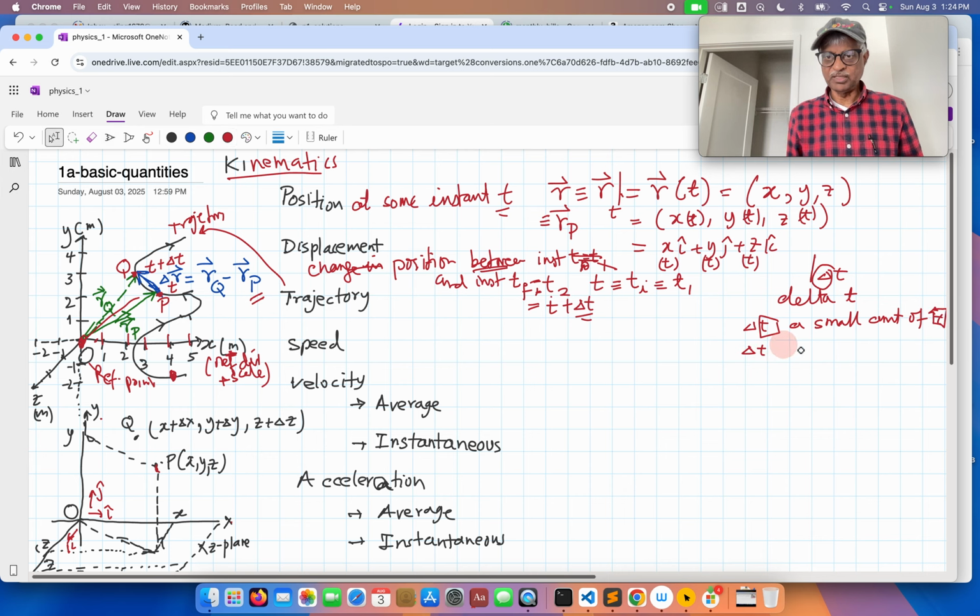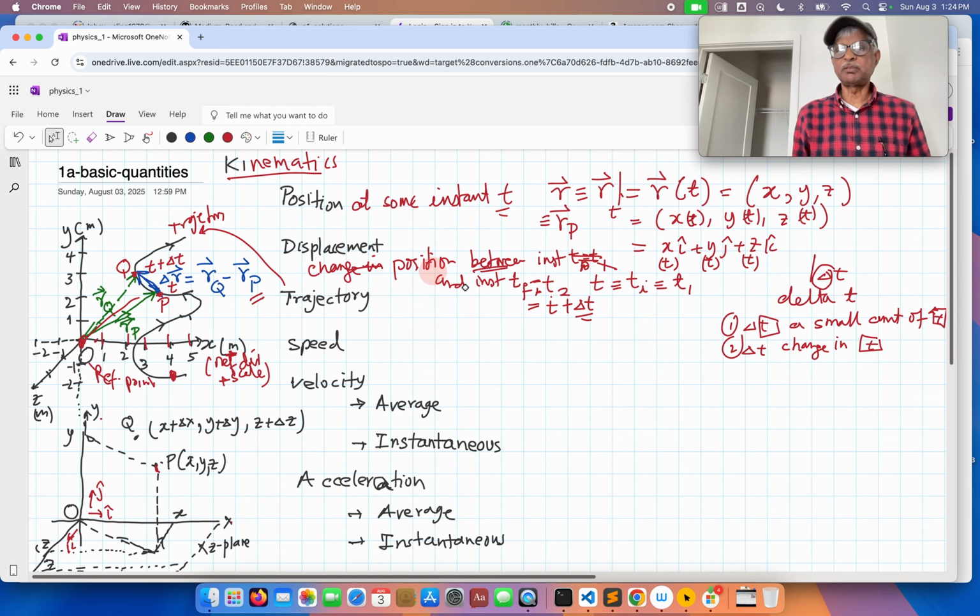It may also mean change in that stuff. So there are two meanings when you look at that, and you have to know the context. Here we just mean a small amount of time later is at Q. So position clearly changes from P to Q over this time.